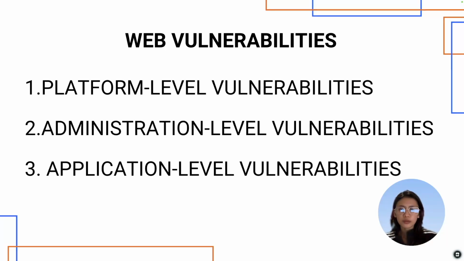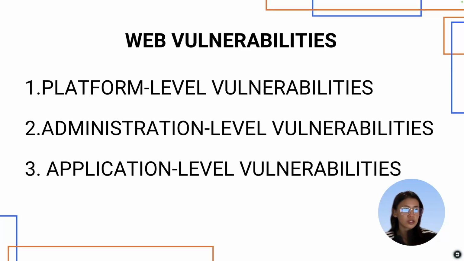So for the platform vulnerabilities, these are known vulnerabilities that can be exploited with minimal skills. They are commonly targeted by script kiddies, and these are the easiest to defend through proper patching and updates. It also requires streamlined patch management procedures.